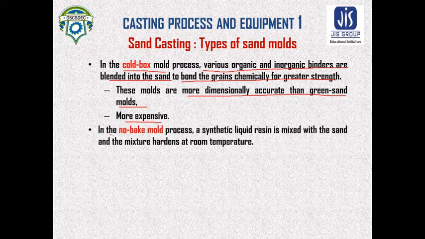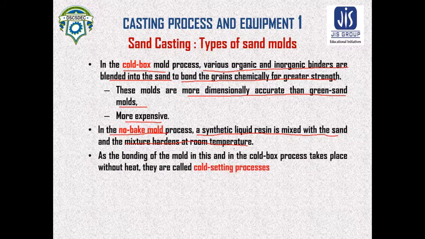The third type of sand mold is the no-bake mold. It uses a synthetic liquid resin which is mixed with sand, and the mixture hardens at room temperature. There is no need of baking the material to harden it.